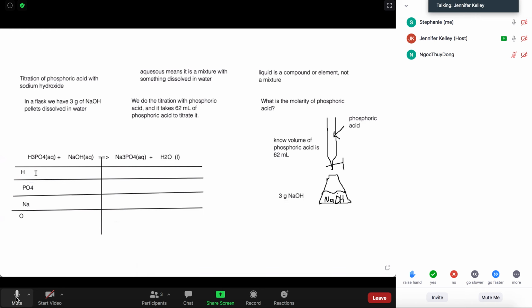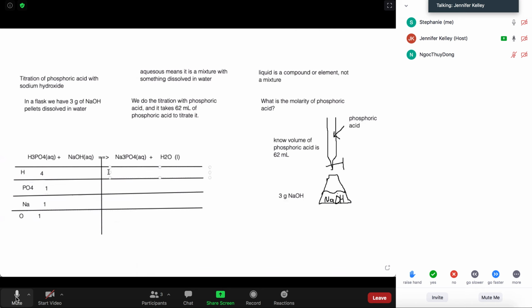So I'm going to count up the hydrogen. On the left, we've got 4. We've got 3 in the acid and 1 in the sodium hydroxide. We've got 1 phosphate. We've got 1 sodium and 1 oxygen.